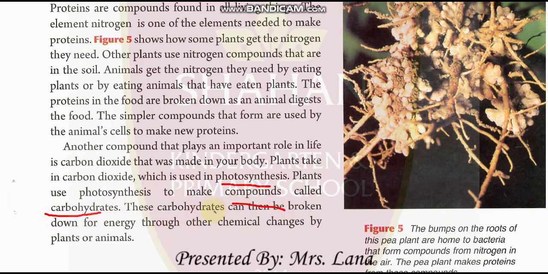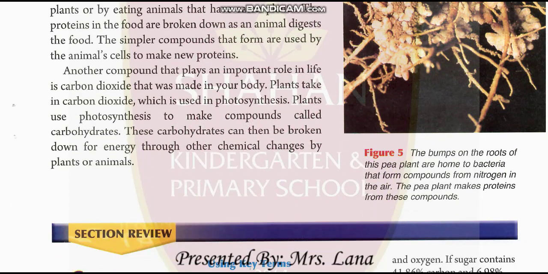These carbohydrates can then be broken down for energy through other chemical changes by plants or animals. In figure number 5, the bumps on the roots of these pea plants are home to bacteria that form compounds from nitrogen in the air. The pea plants make proteins from these compounds.